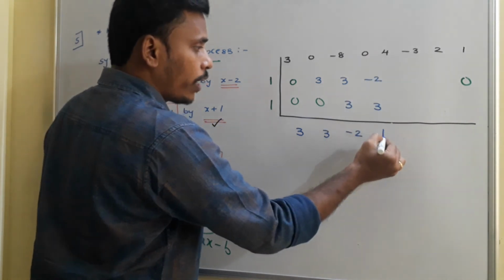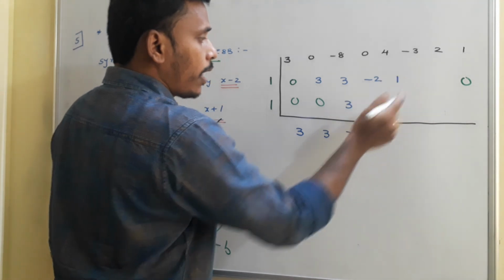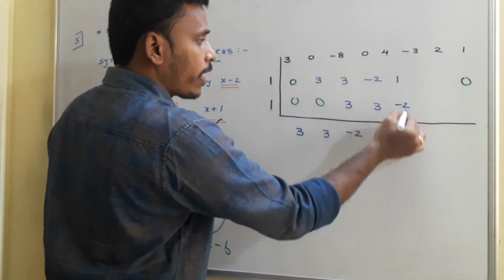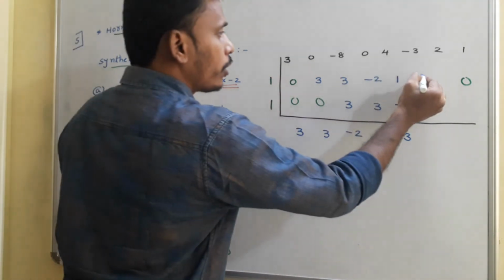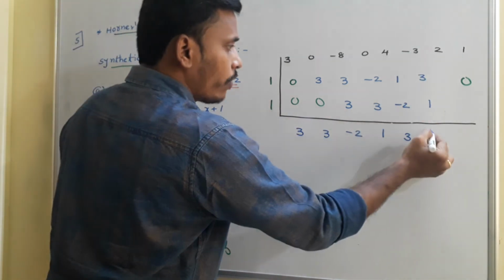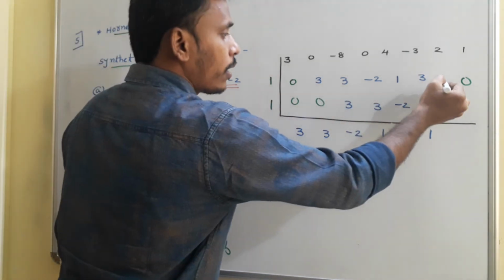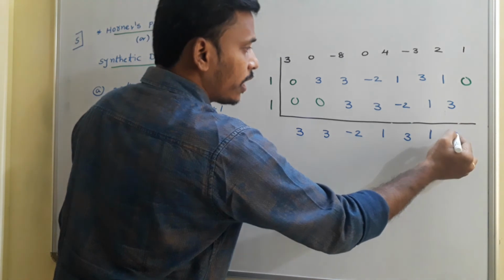Add column wise, 1, and then this 1 into 1 is 1, and then this minus 2 into 1 is minus 2. 4 plus 1, 5 minus 2 is 3, and then this 3 into 1 is 3, and then this 1 into 1 is 1. Add column wise, you are left with 1, and then 1 into 1 is 1, and then 3 into 1 is 3. Add column wise, that is 6.